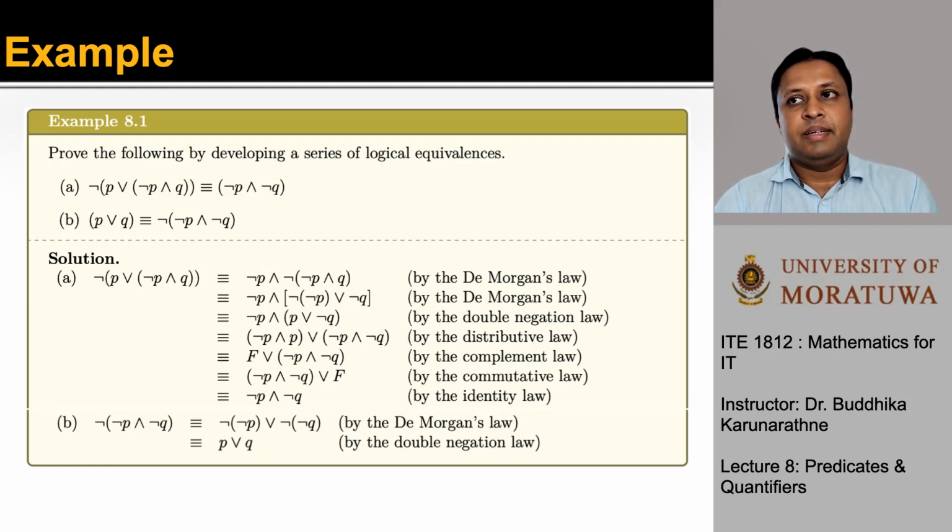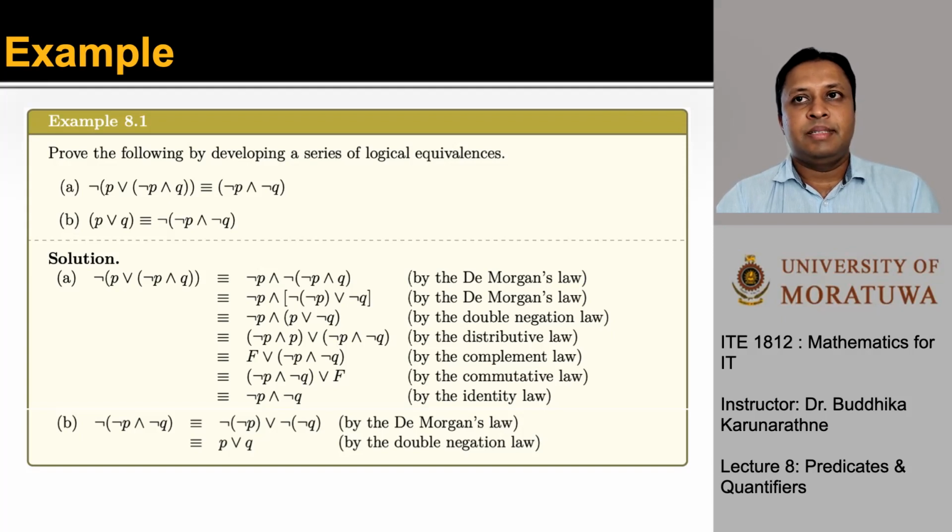And finally, apply the identity law to arrive at the final answer, which is negation of P, conjunction, negation of Q. So we can prove that these two statements are equivalent. So how did we arrive at the conclusion? By applying a series of algebraic laws.